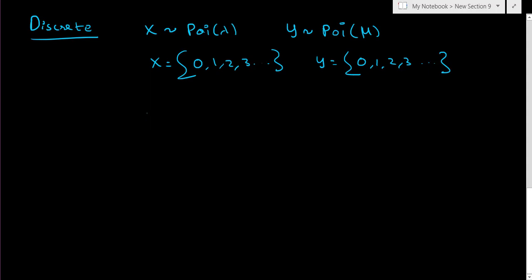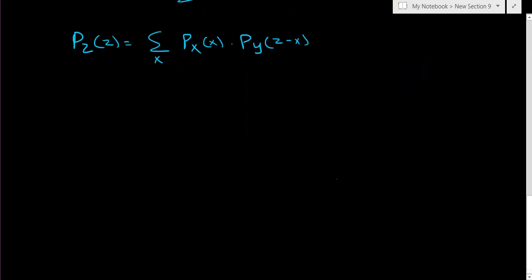Let's start with defining the convolution function. So p(z) is basically equal to the sum over the range of x of p_X(x) into p_Y(z minus x). So this is what I have. Now let us put in the values using the Poisson distribution function.